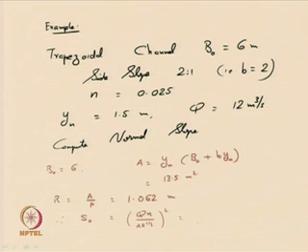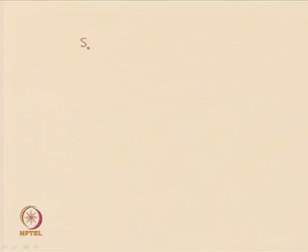Substitute the quantities that are available, that is, (12 into 0.025 by 13.5 into 1.062 to the power of 2 by 3), the whole quantity squared. So, you will get this S naught as 0.0049. So, this is your normal slope.